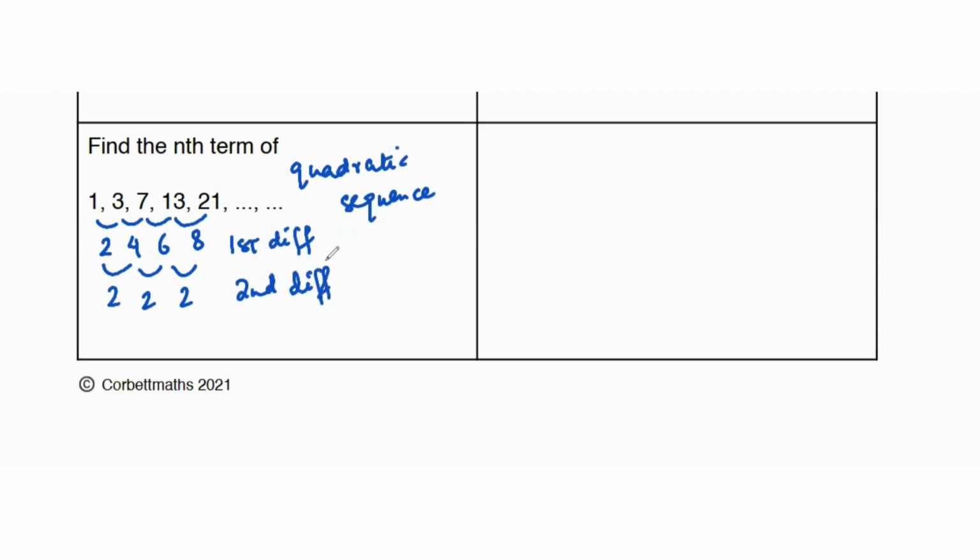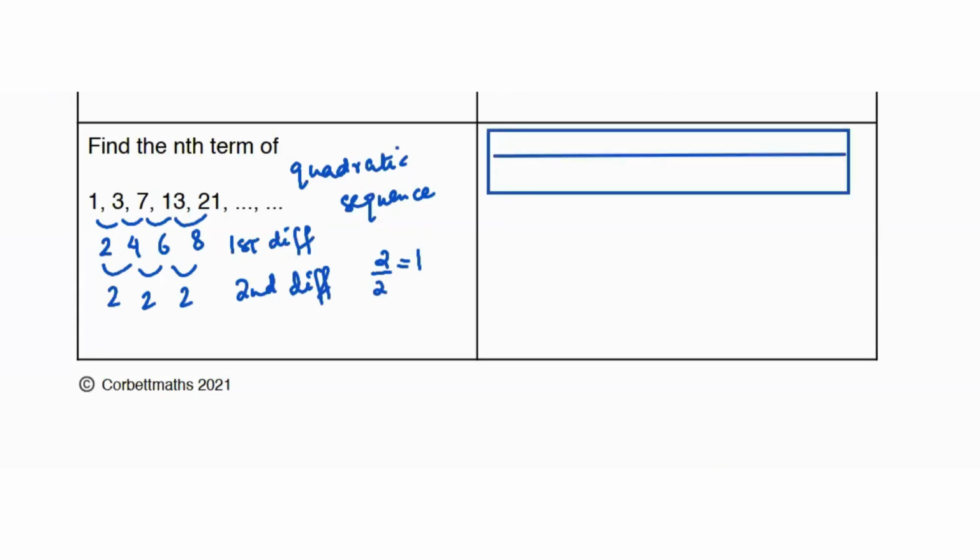Whenever we have our second difference, we always divide the second difference by 2. And whatever number we get, that's going to be the coefficient of n squared. So we're going to compare the original sequence with our n squared sequence. I'm going to write the original sequence at the top.